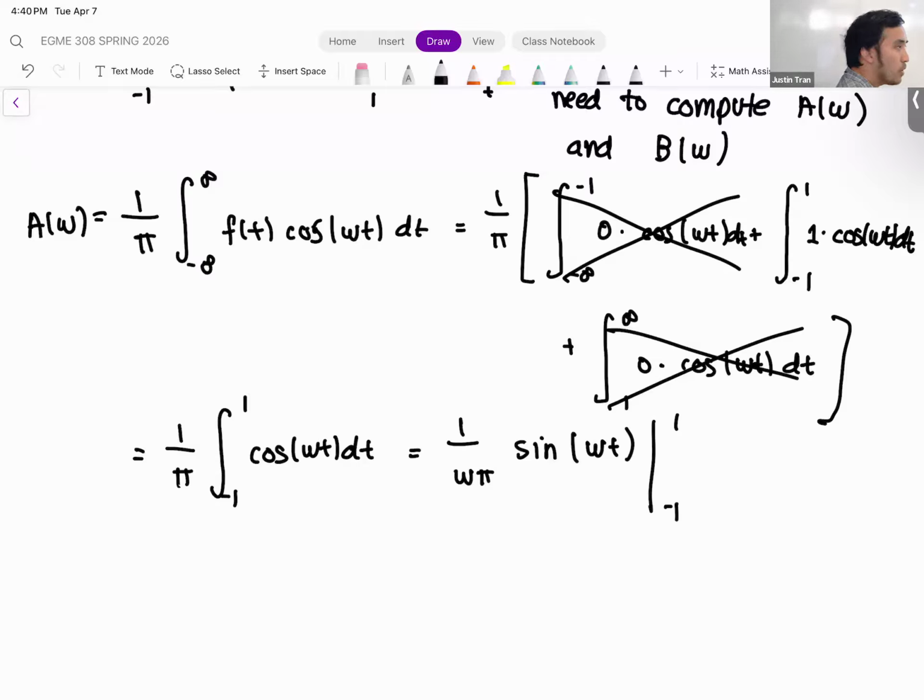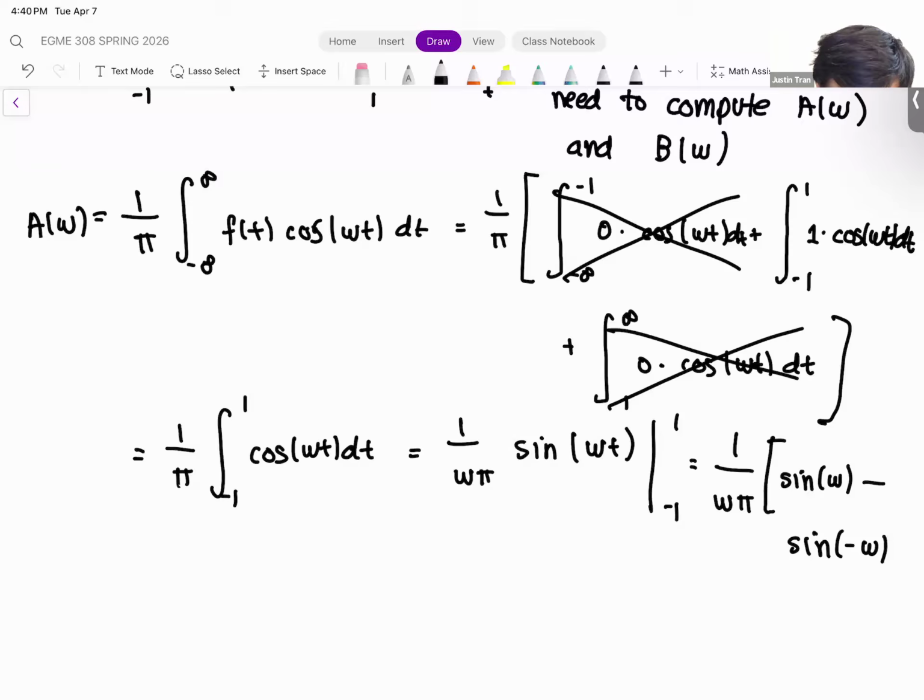All right, so this is a pretty simple evaluation. We're going to plug in for t. So you have 1 over omega times pi, sine of omega minus sine of minus omega, right?